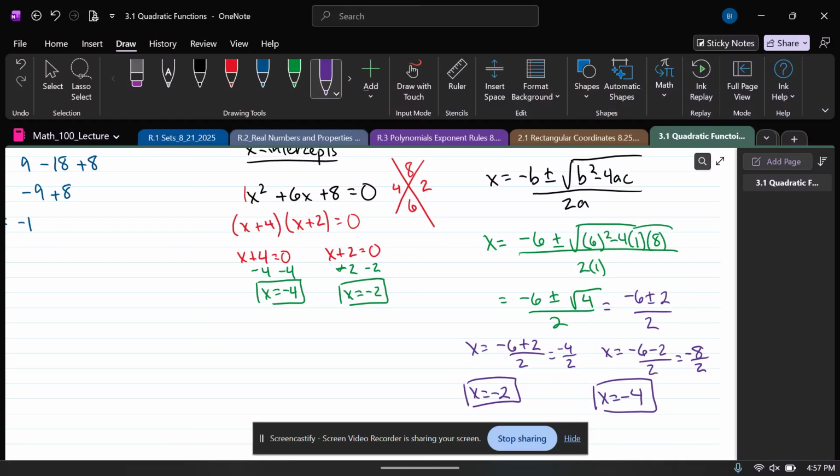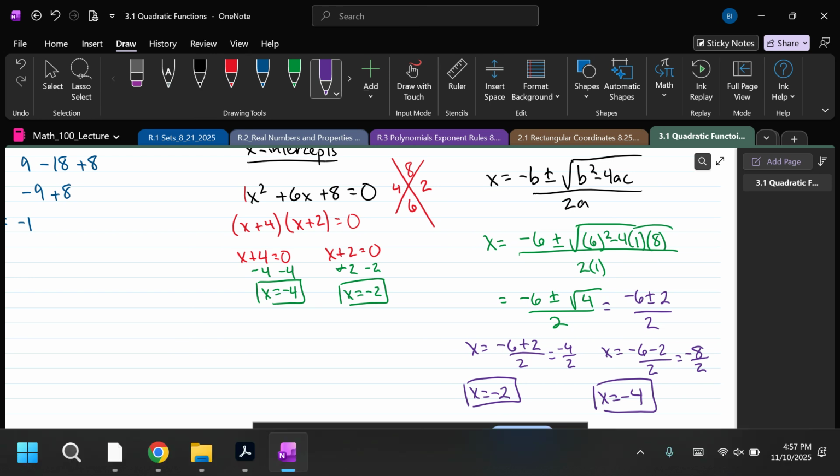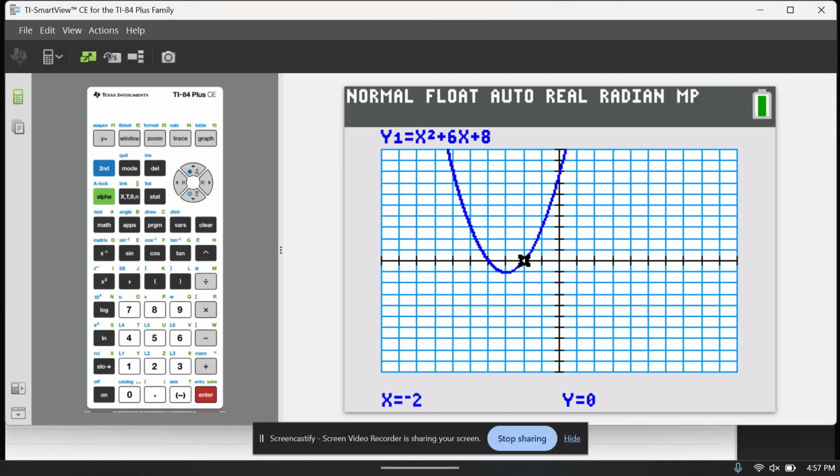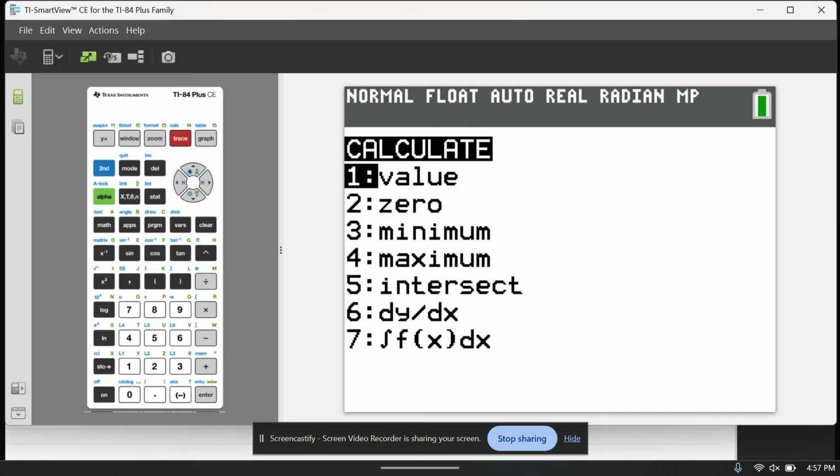I want to show you how you can find the x-intercepts using the calculator if you're stuck. Okay, so the same way I found the vertex, I can use that same menu, second trace, to find the zeros.